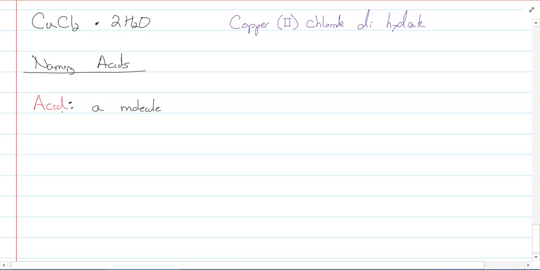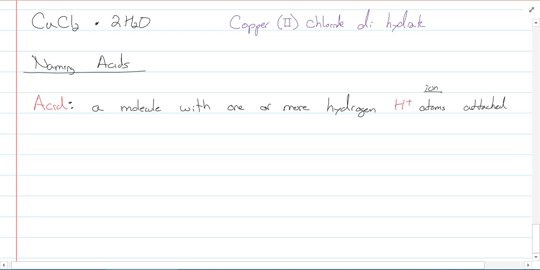So an acid is a molecule with one or more hydrogen, H plus atoms attached. Those H plus atoms, it's really an H plus ion.